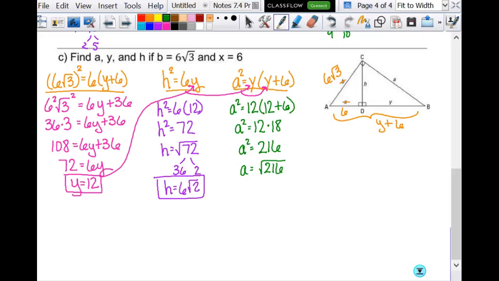Two factors of 216? Well, right there, because that's how you got it. So this is 12 times 18. You keep going. 9 times 2. 3 times 4. Right, you got two perfect squares there and two prime numbers. So a is going to be equal to 6√6. Keep going with the tree if you need to. Not all of you necessarily need to.